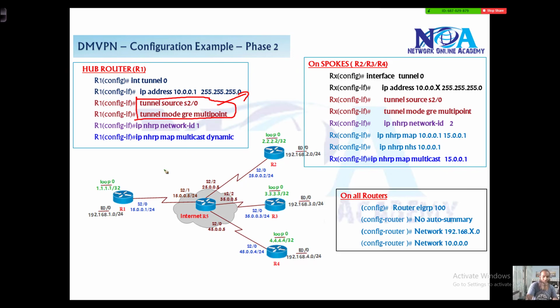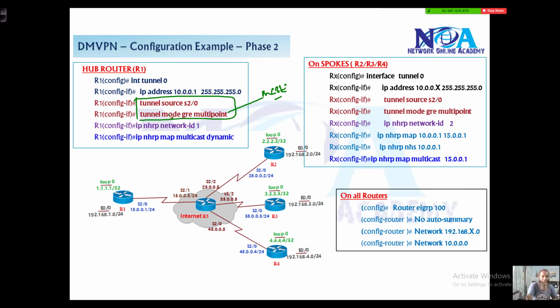That means I'm treating this as only one tunnel, tunnel 0, and this tunnel will have multiple endpoints. How many? 3, 4, 100, it can be any number. This is your multipoint GRE configuration. The two commands enable the multipoint GRE tunnel.